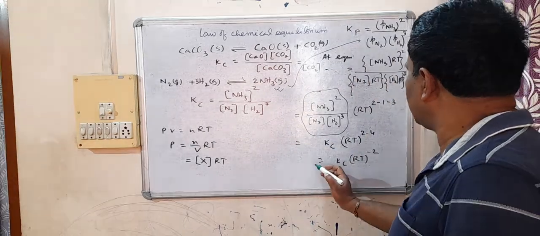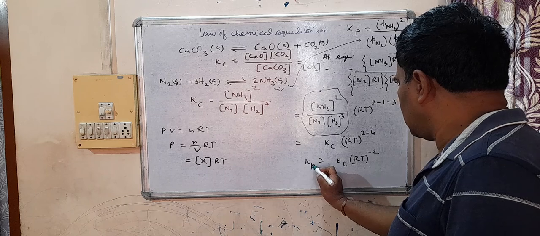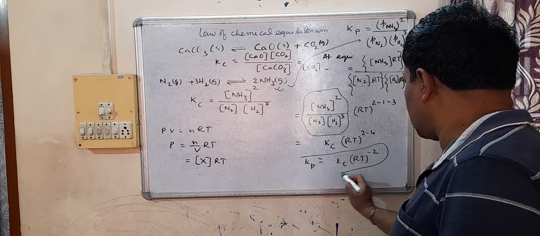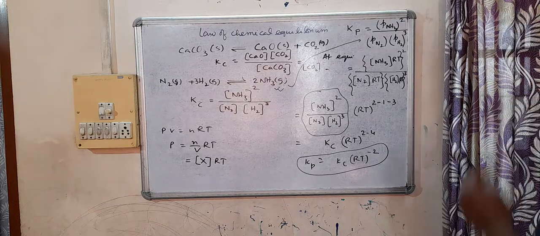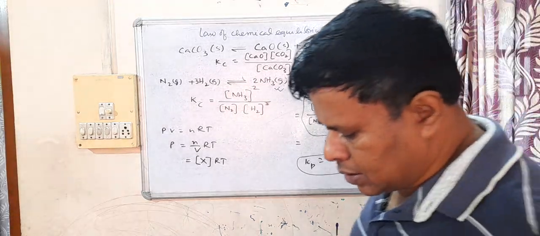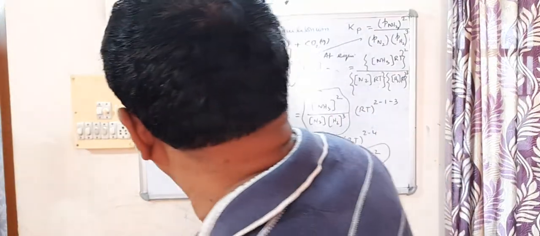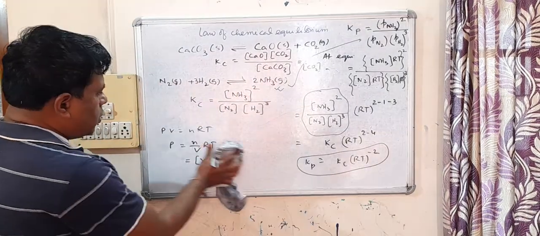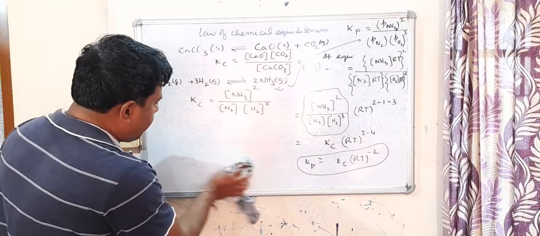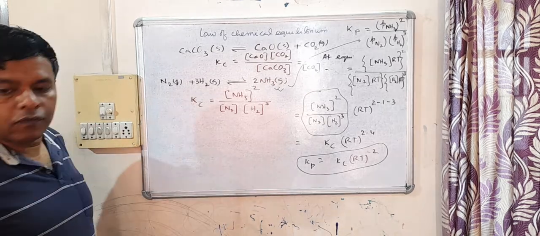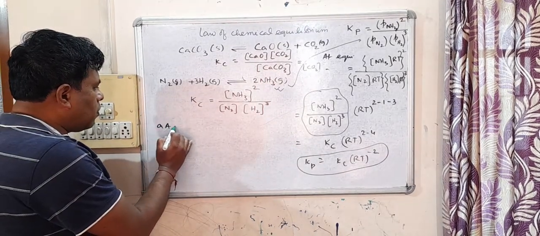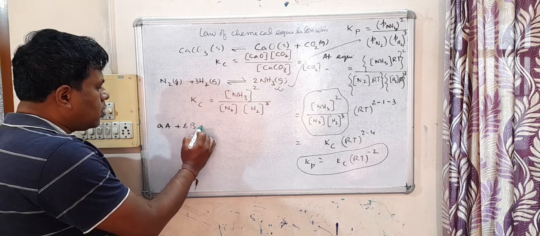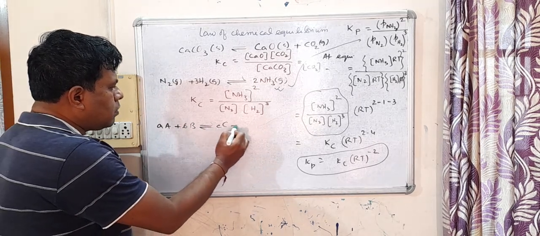So what is the relation we got? We got Kp is equal to this. Now I am writing the expression for the general case, and I will conclude here today. Suppose we have aA plus bB reversible cC plus dD.